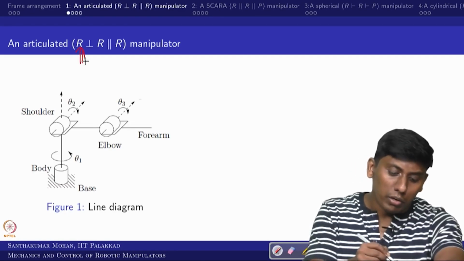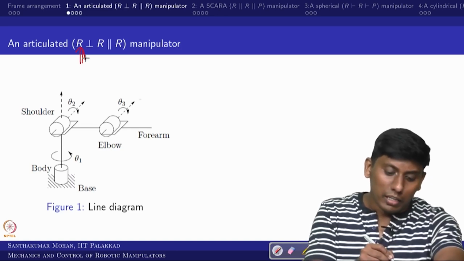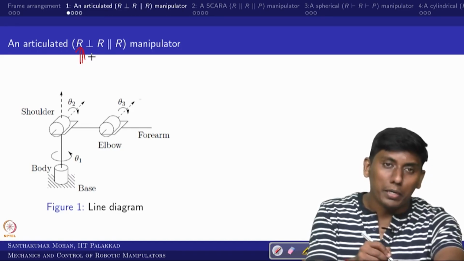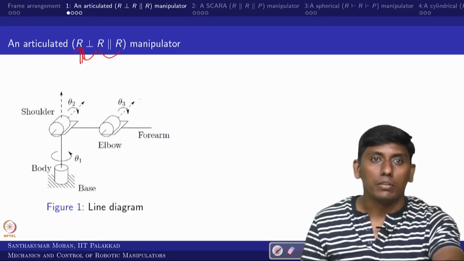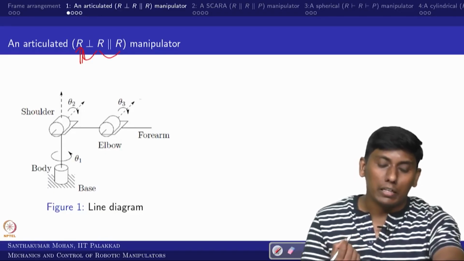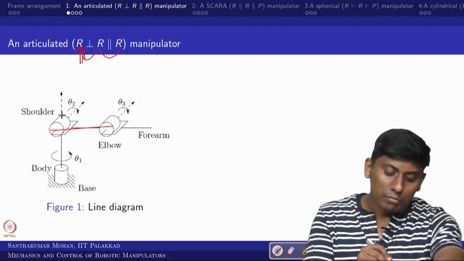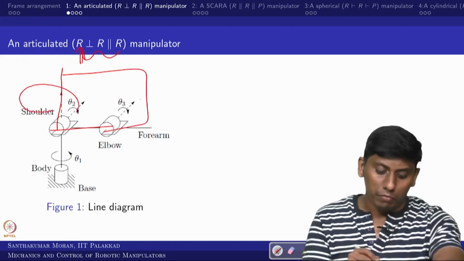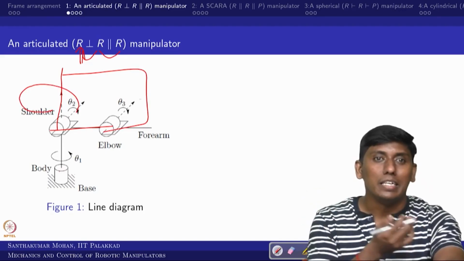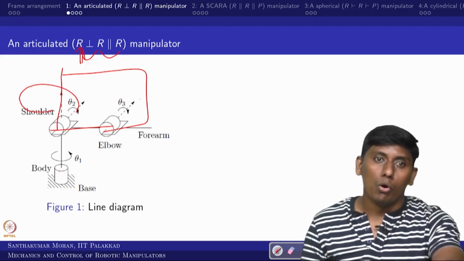The first rotary joint is vertical, the second rotary joint is perpendicular to that, and the third rotary joint is parallel to the second. So these two axes make a planar motion, and if you sweep that planar motion about the first axis, you get a three-dimensional case. That is the whole idea.